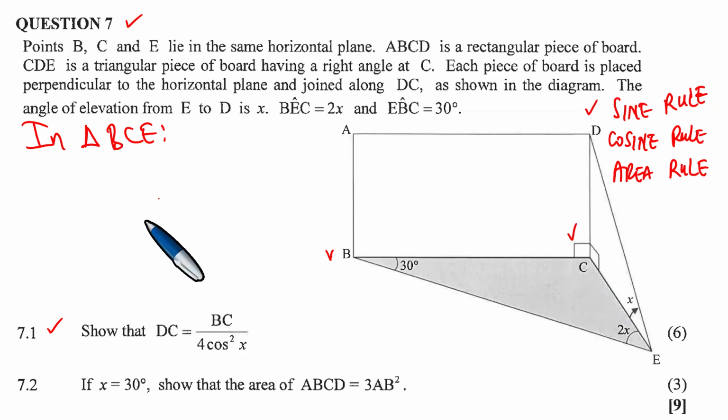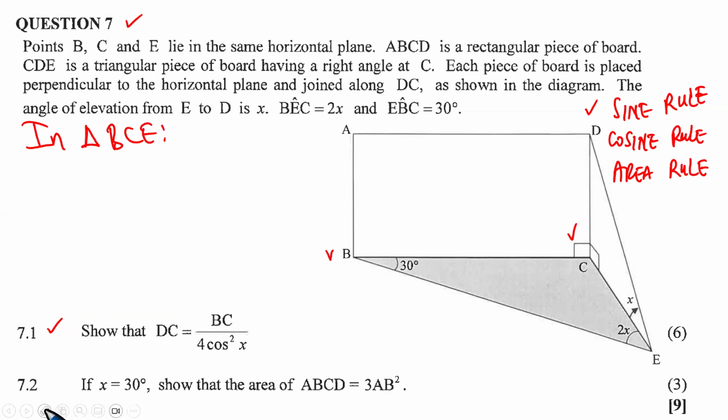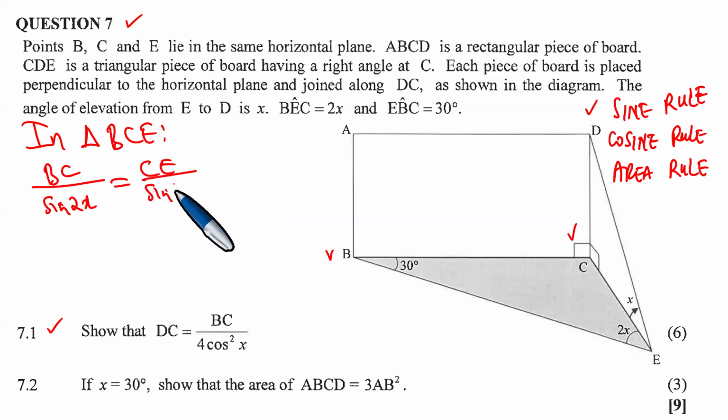Right, so we can say BC over the sine of 2x is CE over the sine of 30, by the sine rule.